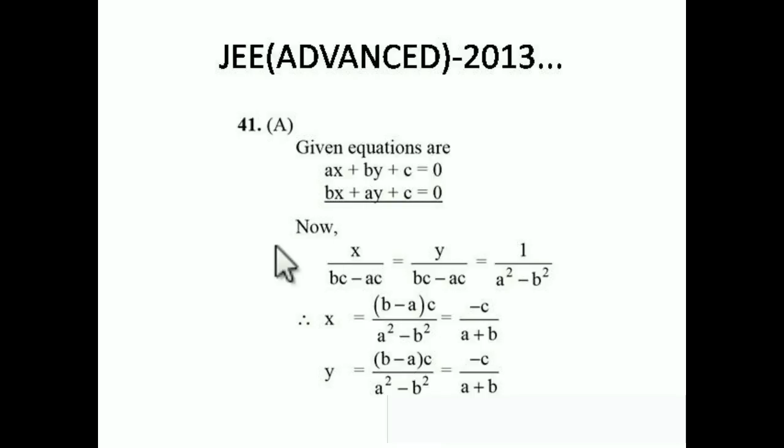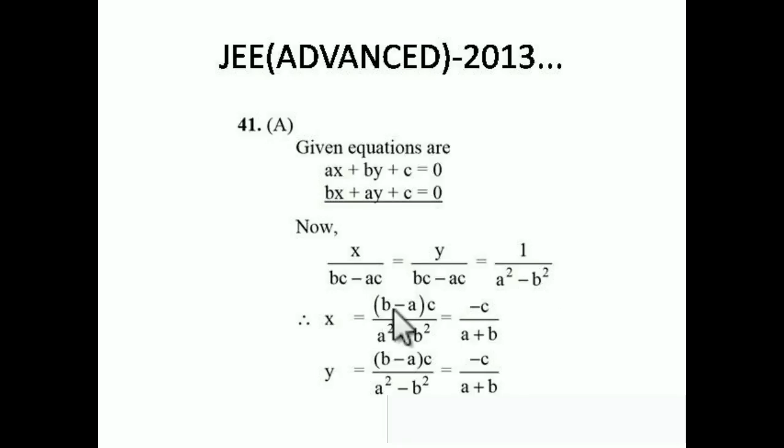Now if I apply Cramer's rule here, x upon bc minus ac, then y upon bc minus ac, and for the constant term 1 upon a square minus b square. We all know how to apply Cramer's rule. It's a very basic thing. Now here x is equal to bc minus ac upon a square minus b square.